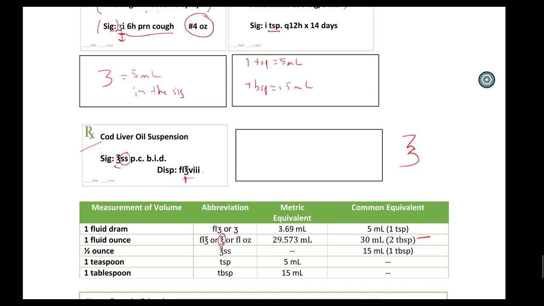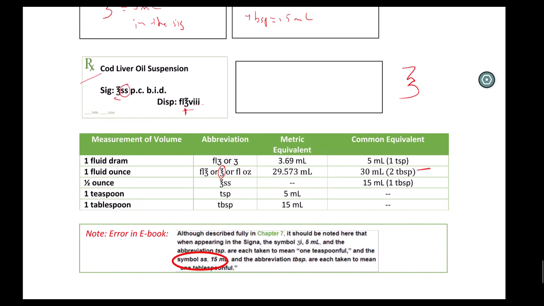All this is in your book, and it is written there. The book does a good job as to getting the details of this clarified for you, but they do have one missing thing in the book. You will see that it says the symbol right here that we've shown is 5 mLs when it's in the SIG.